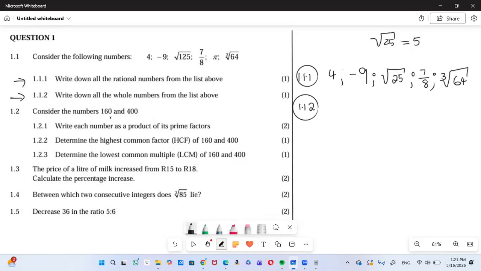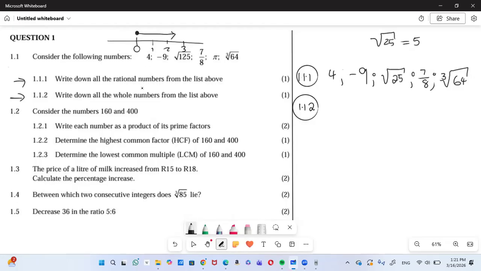A whole number is a number on the number system starting from 0 going up. Correct? So now we have a number line, at 0, 1, 2, and so forth. A whole number is a number starting from 0 going all the way up.